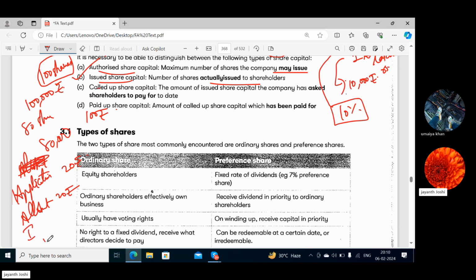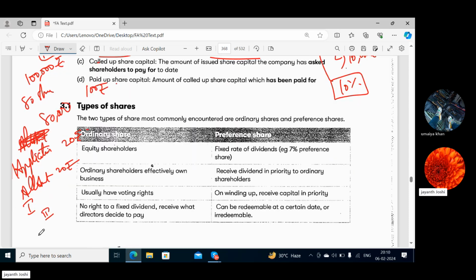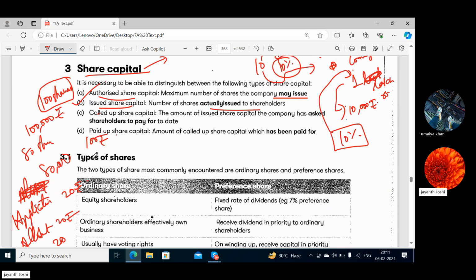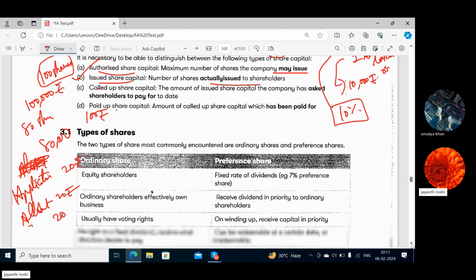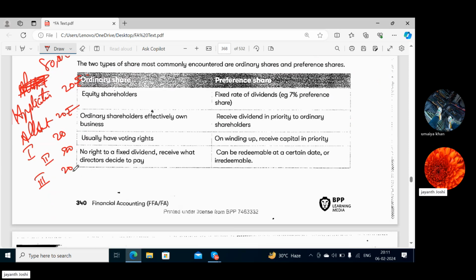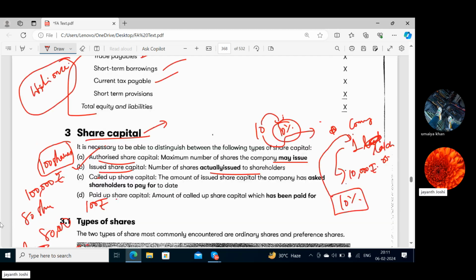Then first call, second call, and third and final call. In this way, 20, 20, 20 are collected. Many people can default these payments also. Called up share capital is the amount of issued share capital the company has asked shareholders to pay to date.